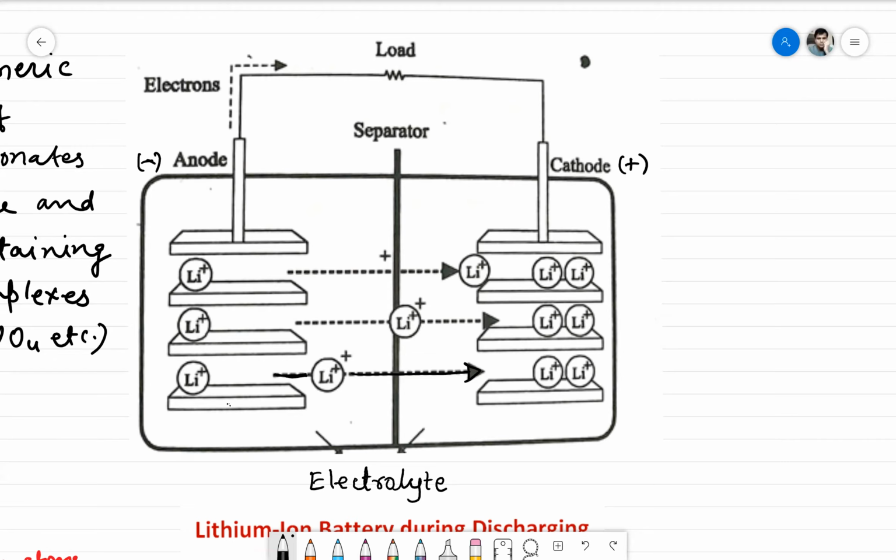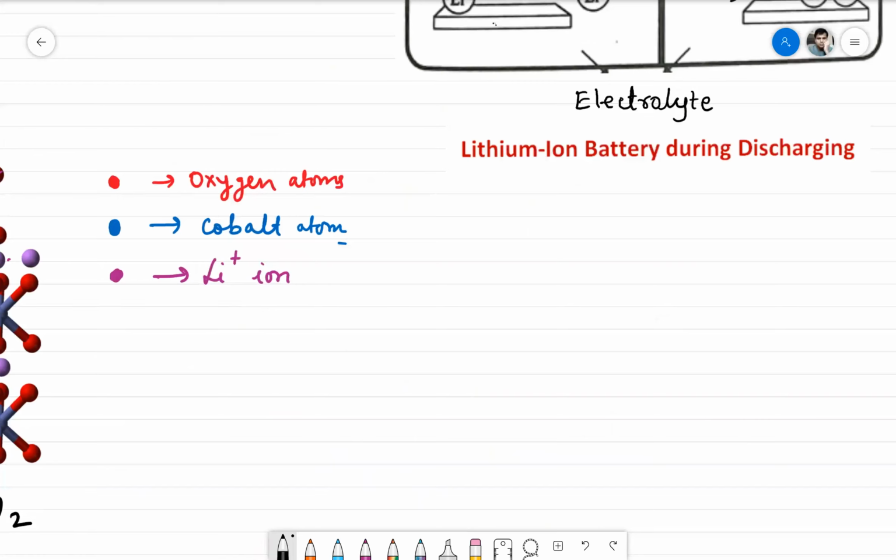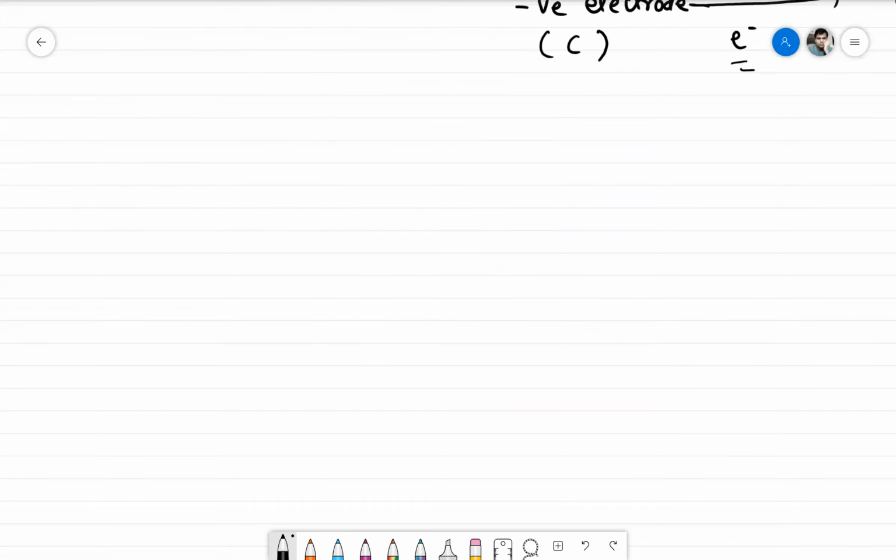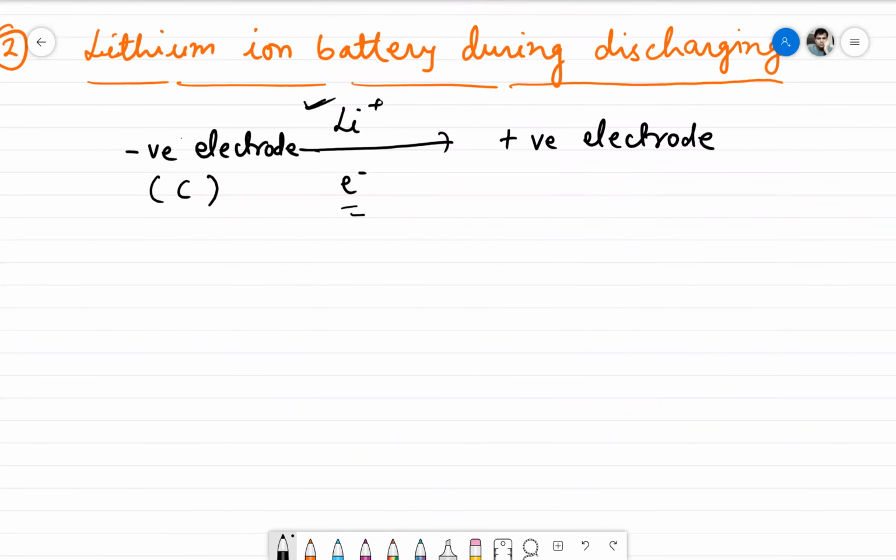Now how can we write the reaction? What is happening chemically, we can write here. After charging, we have graphite in the form of intercalated graphite, so we have carbon lithium X that is intercalated, because once the battery is fully charged, all the lithium ions are stored in between the layers of graphite.